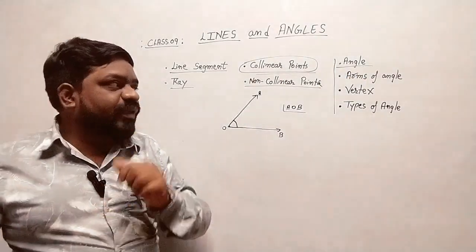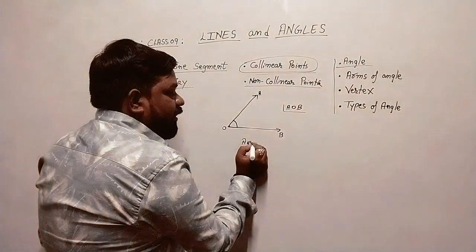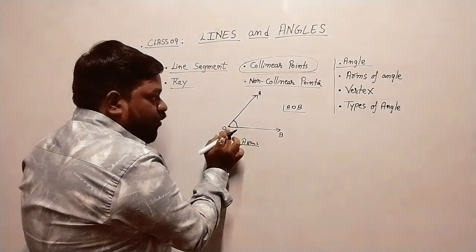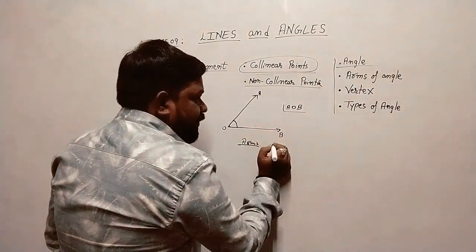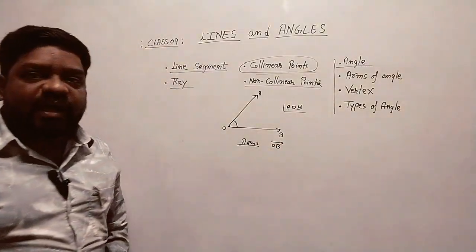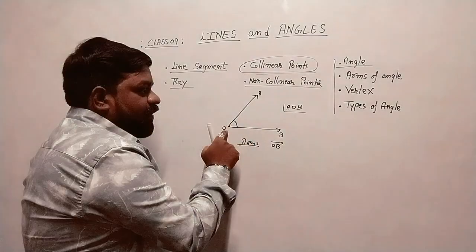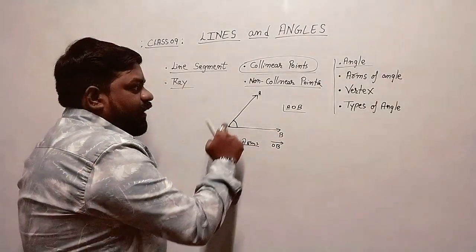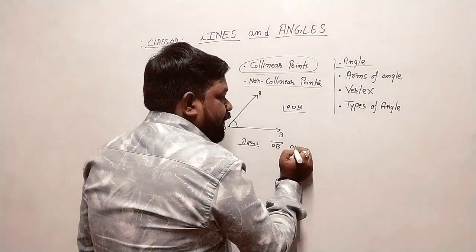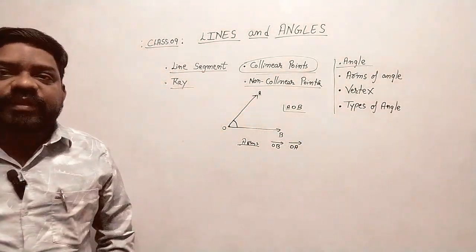Next, arms of the angle. Arms of the angle means, from O to B, this is one ray. We call it an arm. Now how many arms does this angle have? O to B and O to A. These are the two arms of the angle.